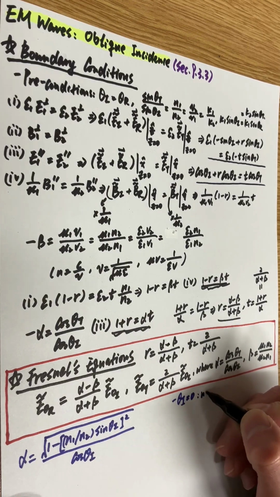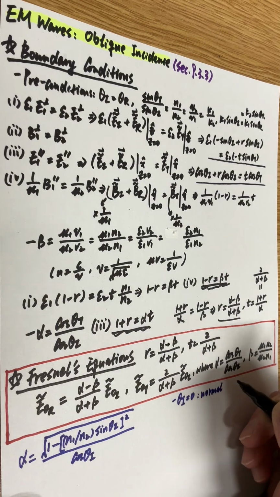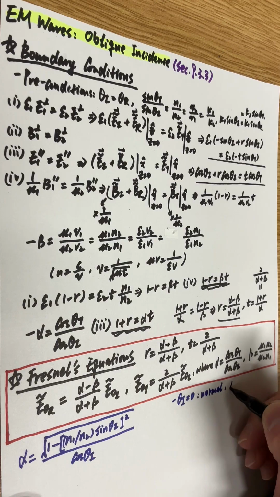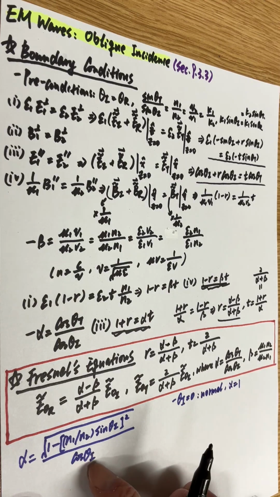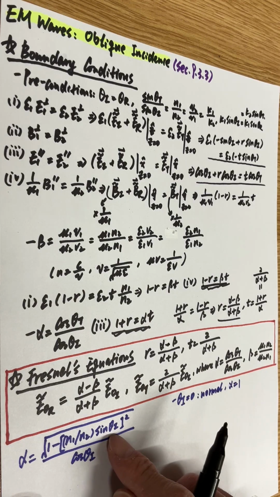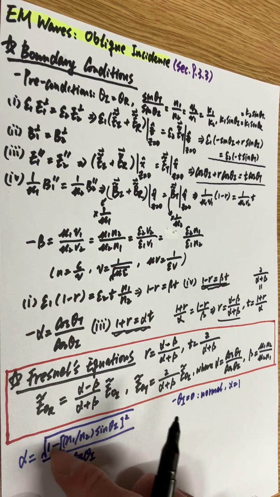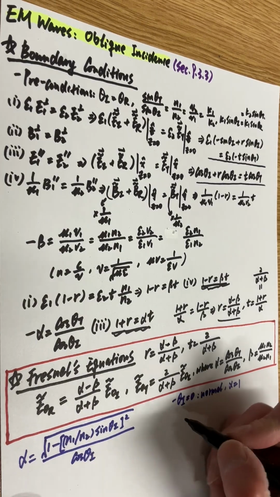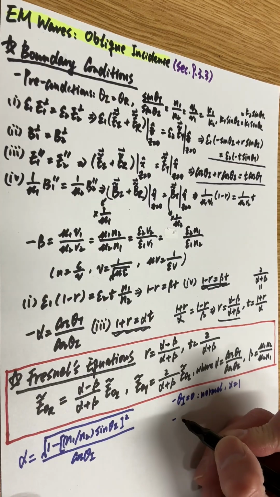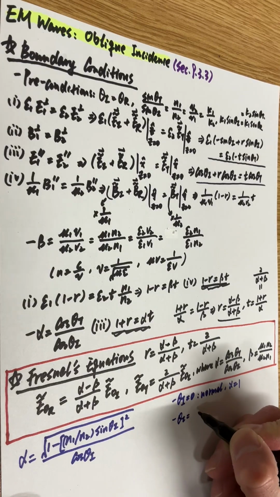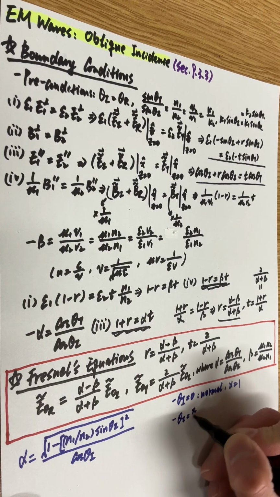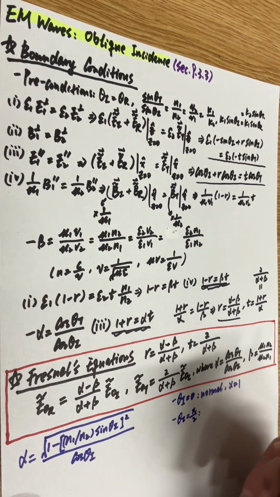So we have normal incidence where alpha equals 1. This is 0 degrees, this is 0 degrees, and this is 0. We have 1 divided by 1. Alternatively, if I have theta I equals pi over 2, what do we have?